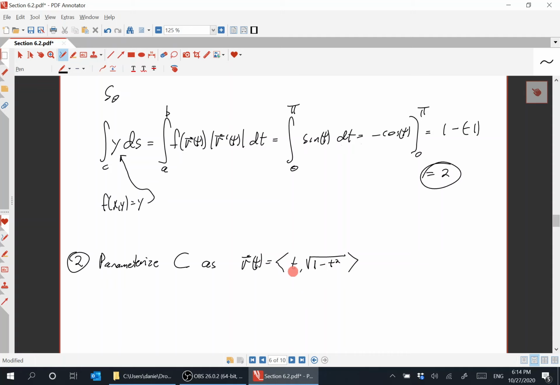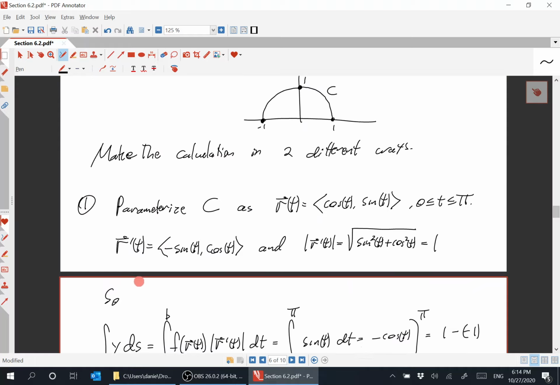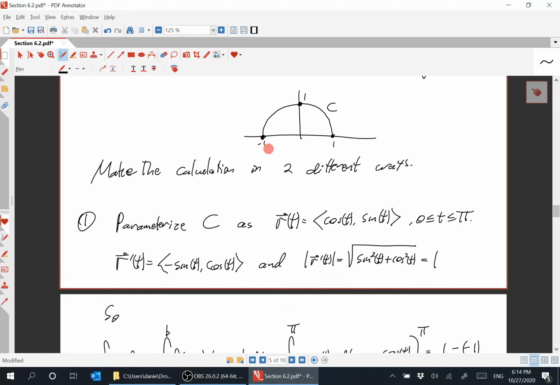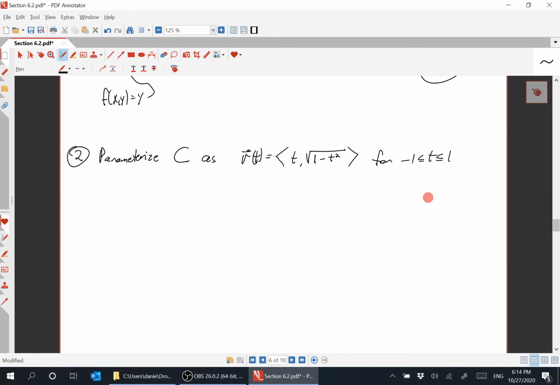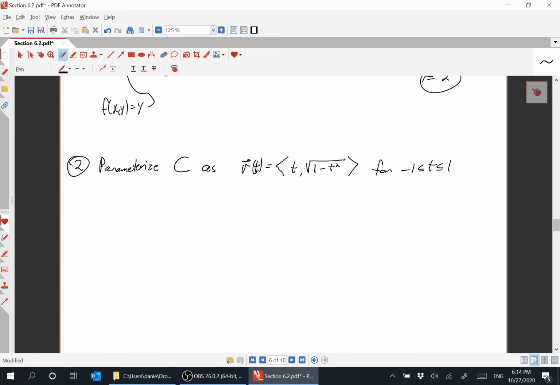From x going from -1 to 1. So x represents the t. So going from -1 to 1, and then the y goes from 0 to 1 down to 0 again. Okay, so we need to know r prime of t.